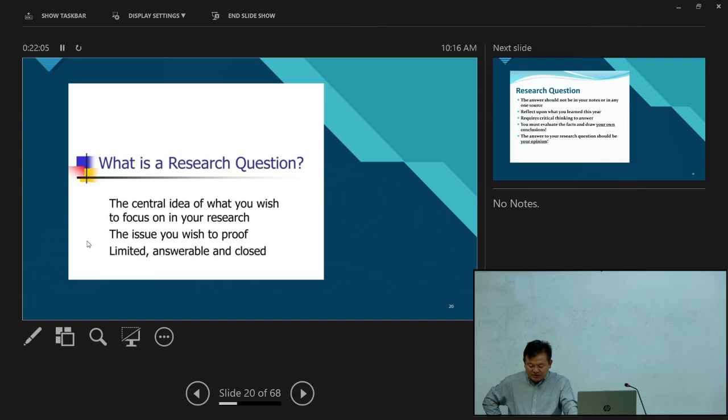A research question outlines the study focus. The research question gives the outline. We cannot understand everything, everywhere, so we take a designated, limited area, because we cannot do everything.